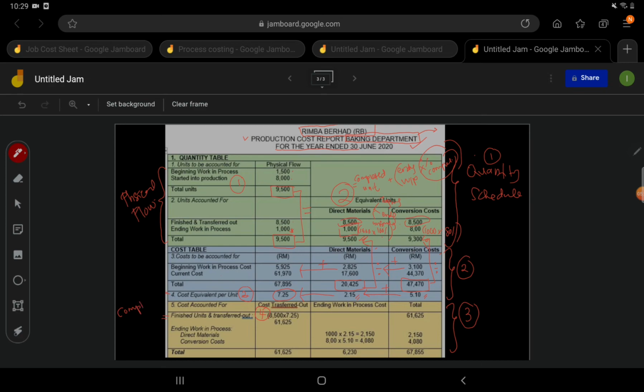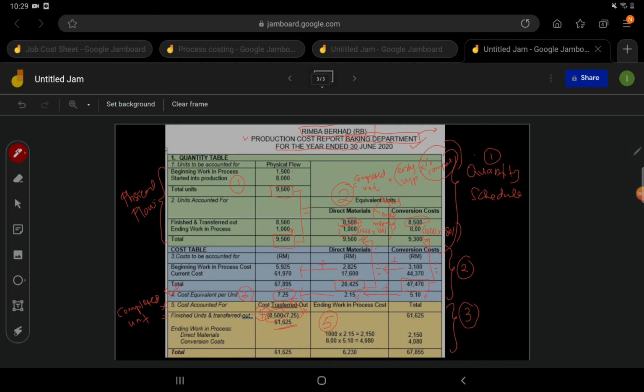Completed unit multiplied by total cost per equivalent unit. Right? So this is the finished cost, right?